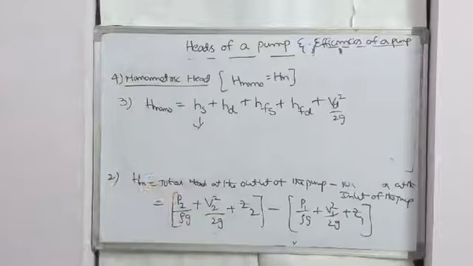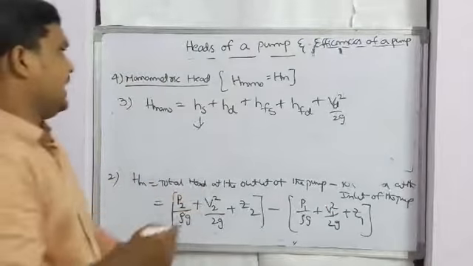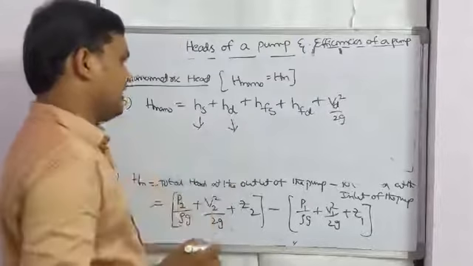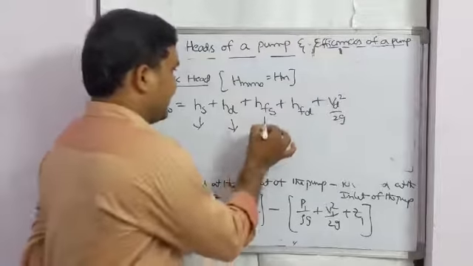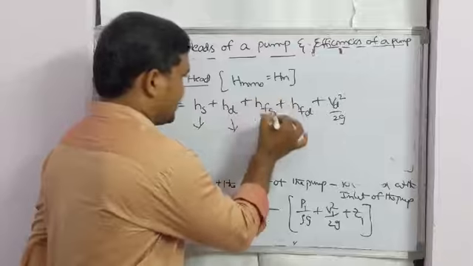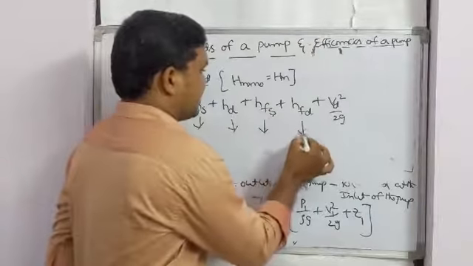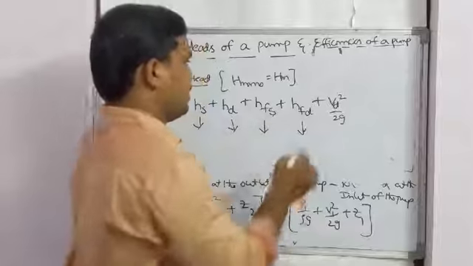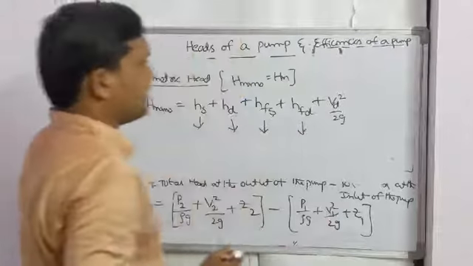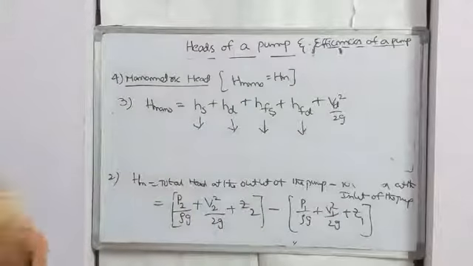Hs is the suction head, Hd is the delivery head, and Hf is the head loss due to friction in the suction and delivery pipes, plus Vd square by 2g, the velocity head in the delivery pipe.